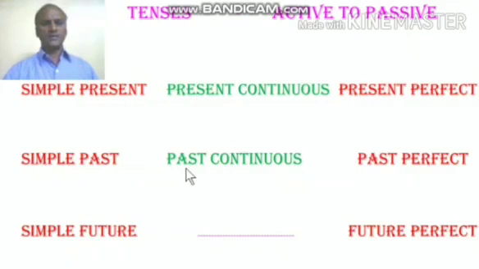Next simple past, past continuous, past perfect and past perfect continuous. Then simple future, future continuous, future perfect and future perfect continuous. Though we have 12 divisions in the tenses table, when we want to change from active into passive, we can change from active into passive.